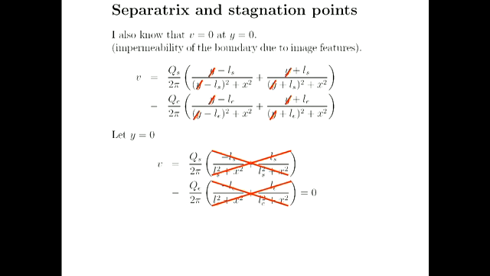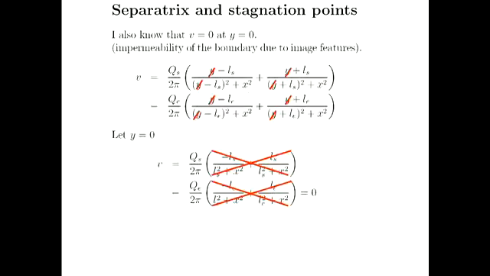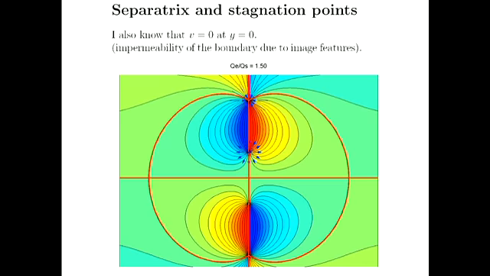So now all I have to do is look at the equation for u and see if u is 0 at any points along that wall. What I'm showing here is that I immediately know that I've got a separatrix, a horizontal separatrix, where that solid boundary is.